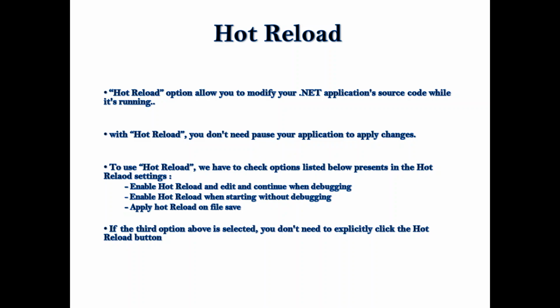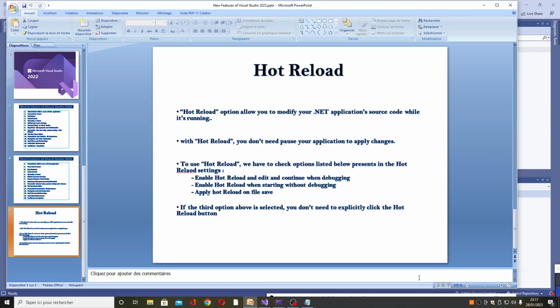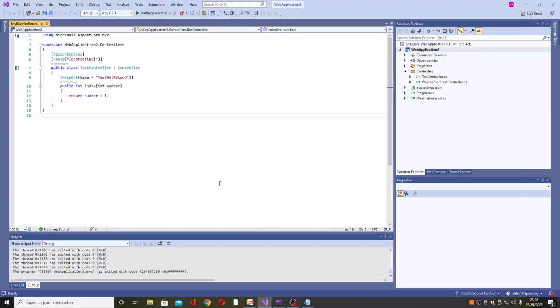Now I will show you a demonstration on how to use the hot reload option. The first thing that I have to do is to launch my Visual Studio. So my Visual Studio is open here. I've created a project, Web Application 2, as you can see on the right of the screen.